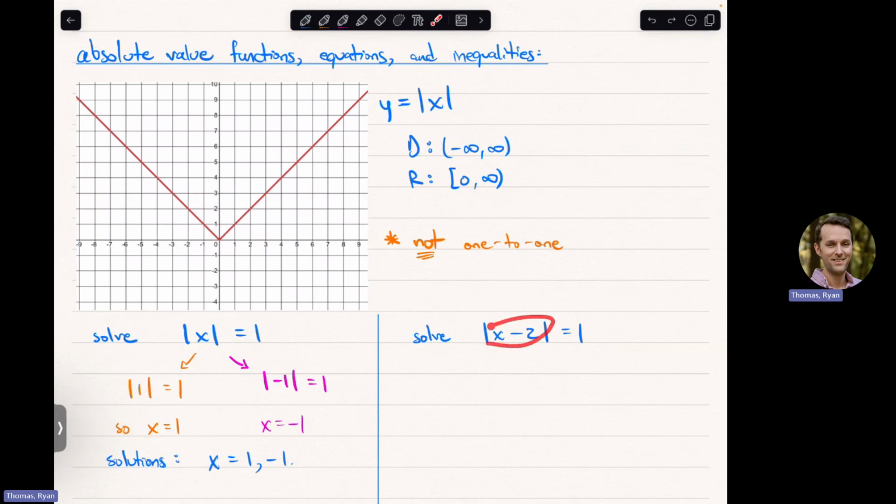If you want to think about what's going on with this x minus 2, it's a shift to the right. So what I can do is say, okay, well, x minus 2 could be 1, or x minus 2 could be -1.